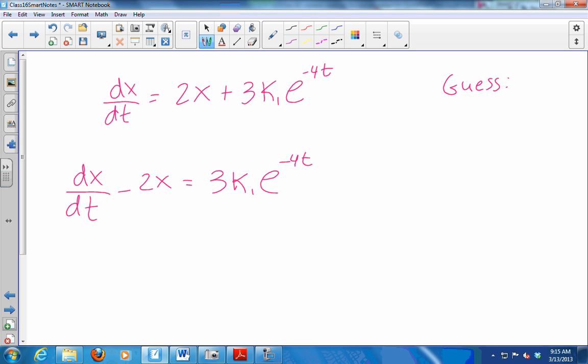So what kind of guess? E to the negative 4t with maybe a coefficient in front. So I'll use alpha e to the negative 4t. Alpha yet to be determined, right? We're going to figure out what alpha will make this work.